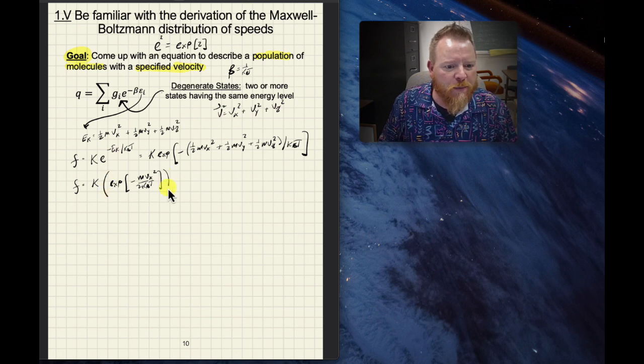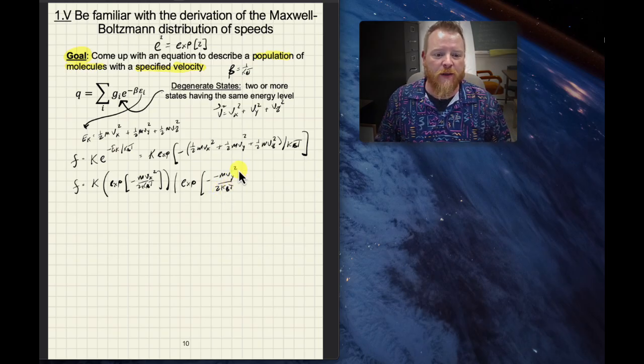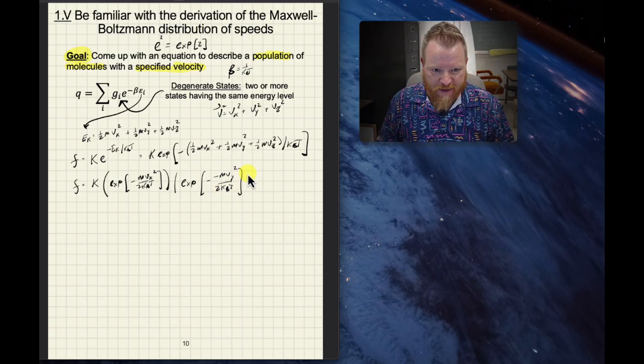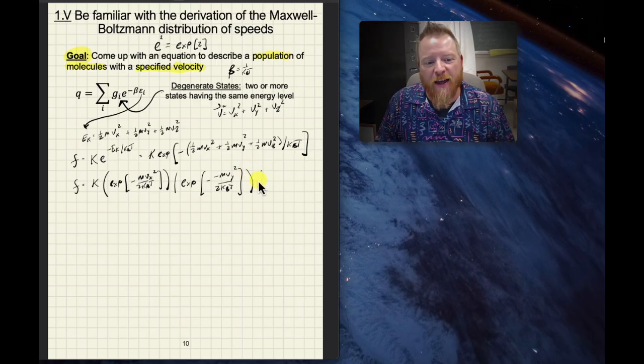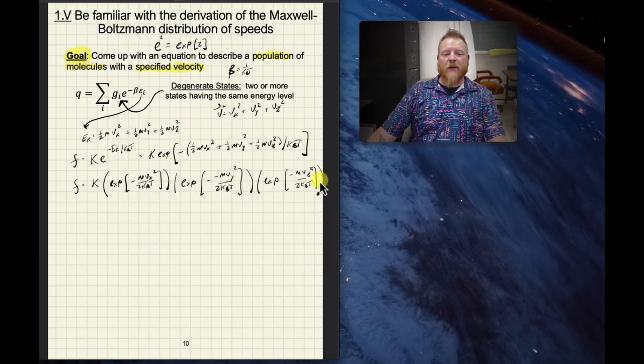Now we're going to have another parenthesis, exp, exponential of negative mvy squared, all divided by 2kBT, in bracket because that's in the exponent, and in parenthesis. And then finally, hopefully you can see where this is going, exp negative mvz squared over 2kBT, bracket, parenthesis. Okay.